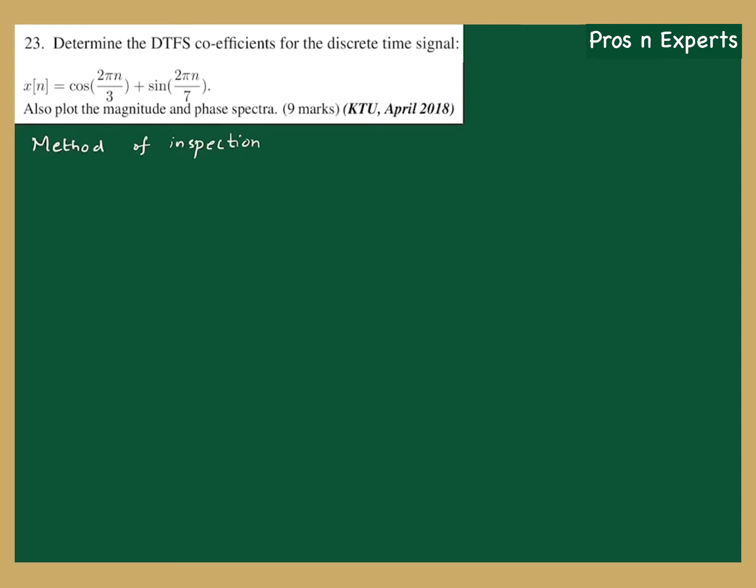As the first step, find the time period of the signal as well as the angular frequency. The angular frequency omega 0 can be determined by looking at the arguments of the cosine and sine.